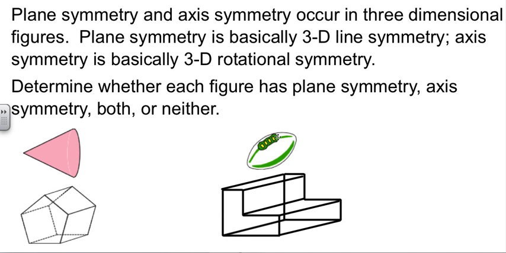Anytime they give you baseball, volleyball, anything like that, ignore the stitches, the seams, the laces, and just look at the shape itself. It also has rotational symmetry because I could draw a line through here and rotate it. Okay. This guy also will have both plane and axis.